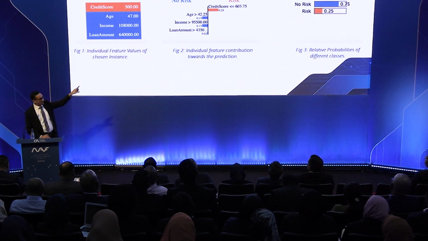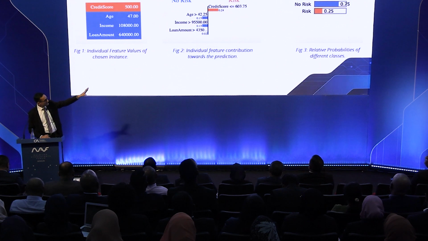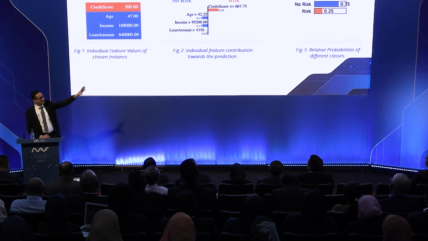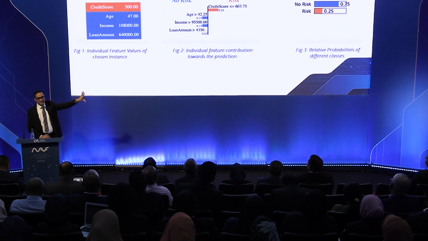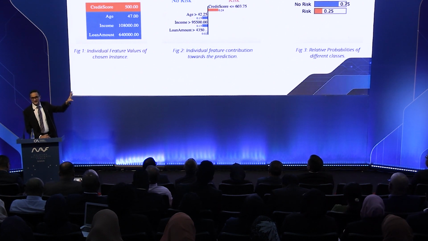But because of age, income, and loan amount, that risk is addressed. Hence, as per LIME's model, there is a 75% weightage which says that there is no risk, but 25% which says there is risk.